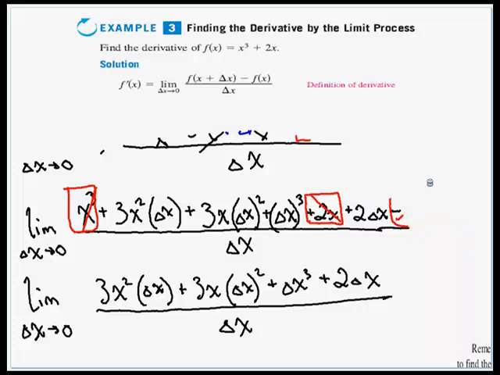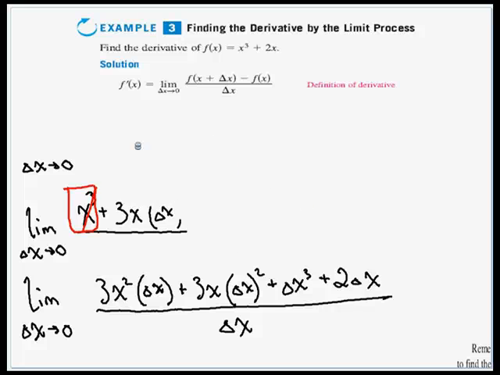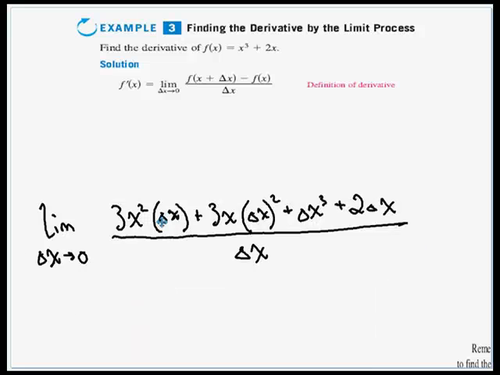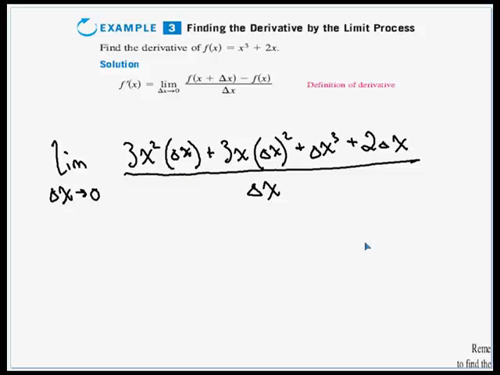And the key here again is the denominator is delta x. We need every term in the numerator to have a delta x to cancel out. And we do have that here.